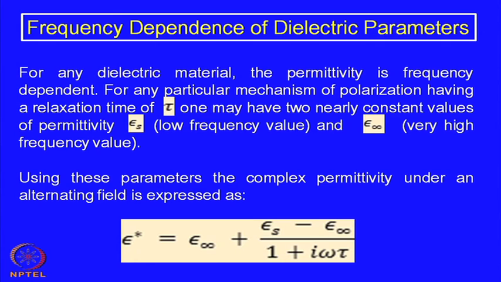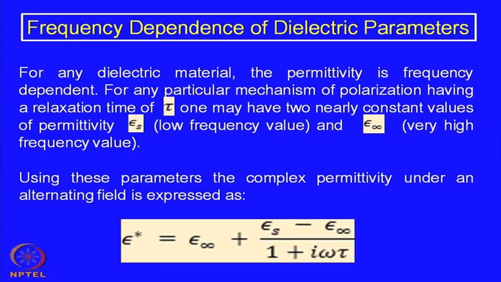one can write the complex permittivity under an alternating field in this manner. Once again, epsilon star equals epsilon infinity plus (epsilon s minus epsilon infinity) divided by (1 plus i omega tau).